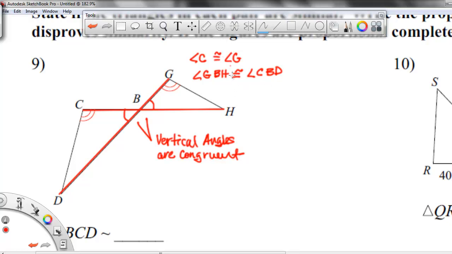Now that we have our two sets of congruent angles, we can write our congruency statement that says triangle BCD is similar to triangle GBH or BGH. There we go for that one.